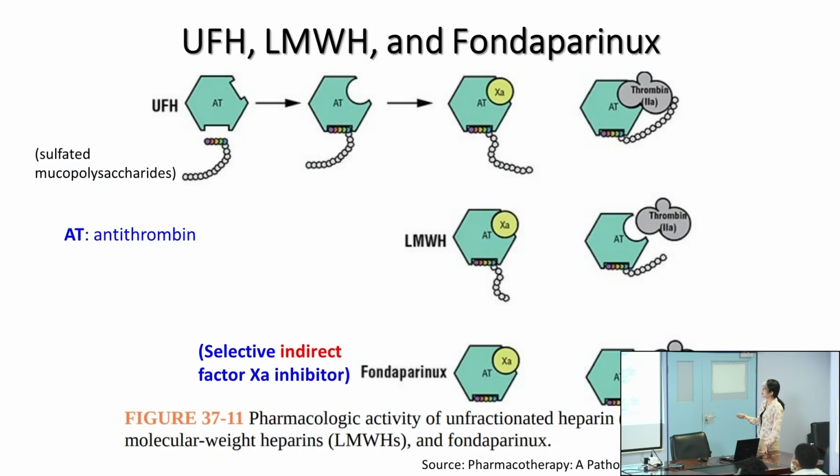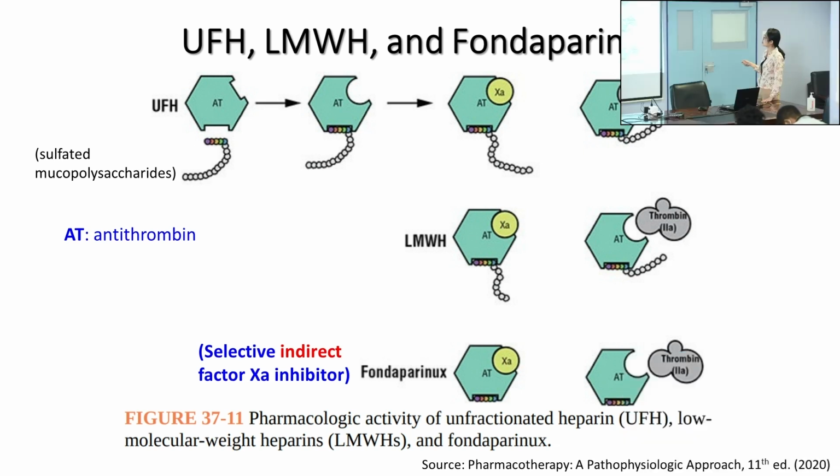Okay, and this one is about the heparin family I have just mentioned. This is unfractionated heparin, low molecular weight heparin and fondaparinux. Their mechanisms are quite similar, and this picture is just trying to illustrate the mechanism. The heparin family targets factor 10 and also the thrombin, factor 2.